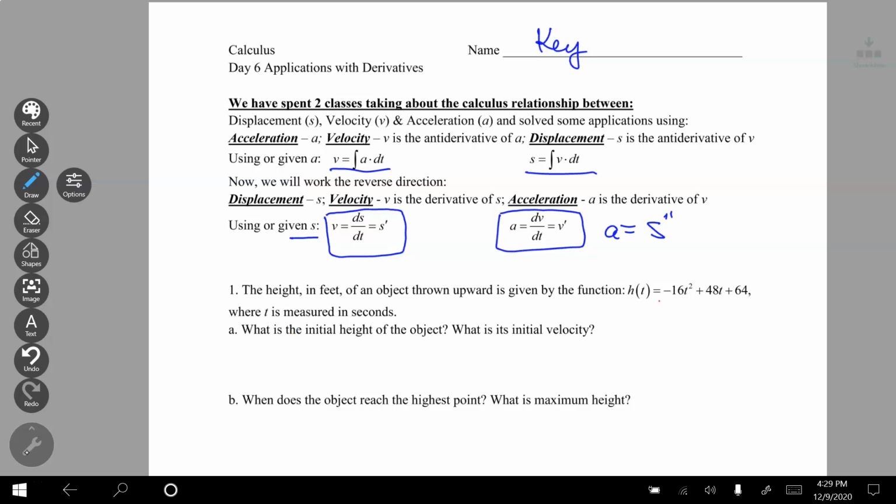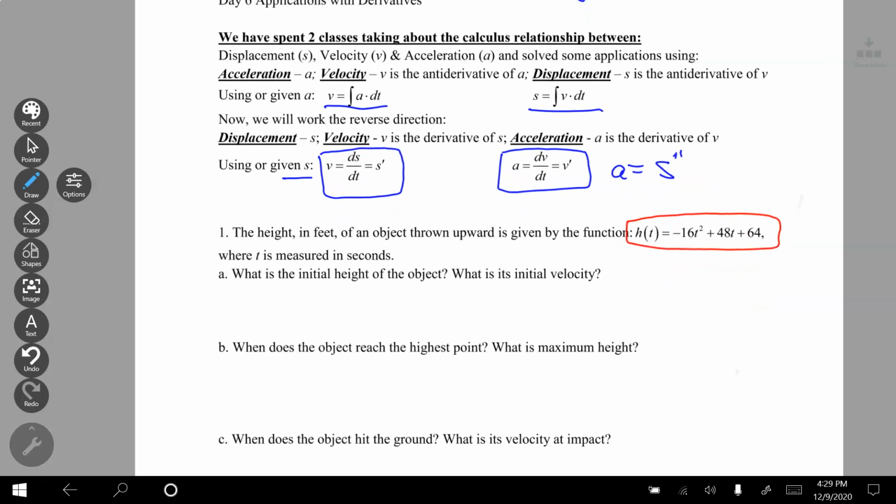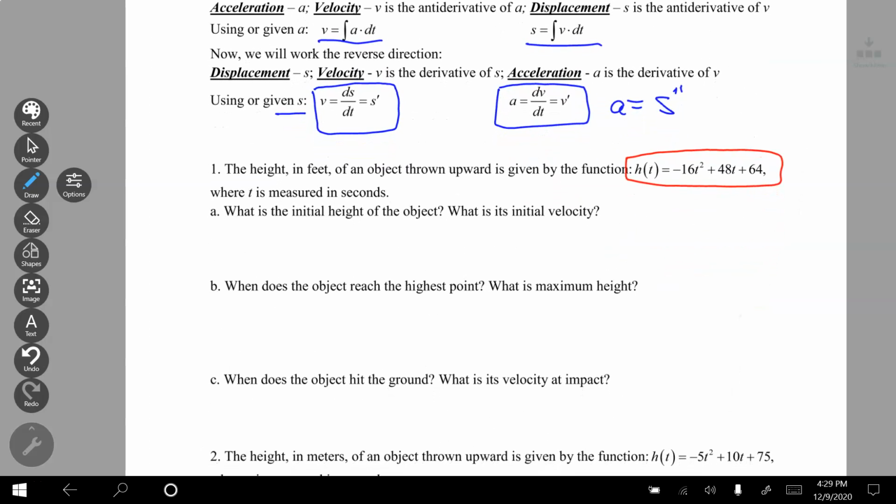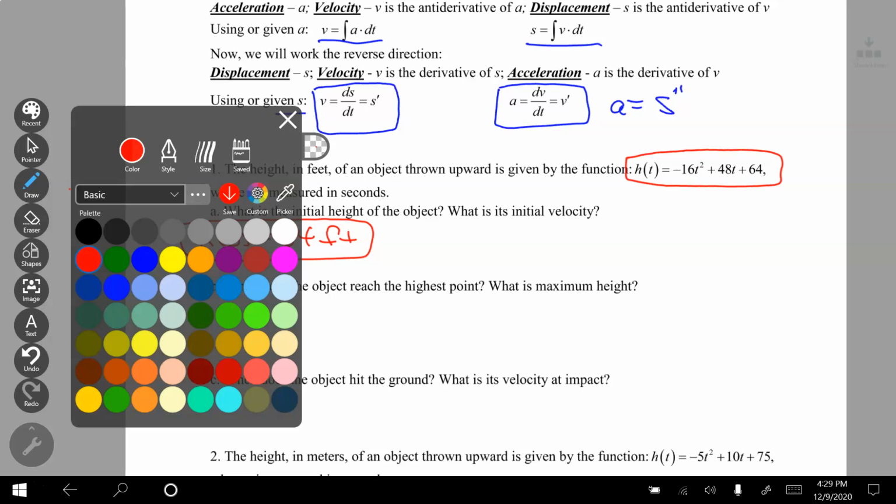So in this example, I'm giving you that this is the height of an object thrown up in the air, where t is measured in seconds. What is the initial height of the ball? Well, for the initial height, I just plug in 0, I get 64, and its units are feet. And then it wants the initial velocity.